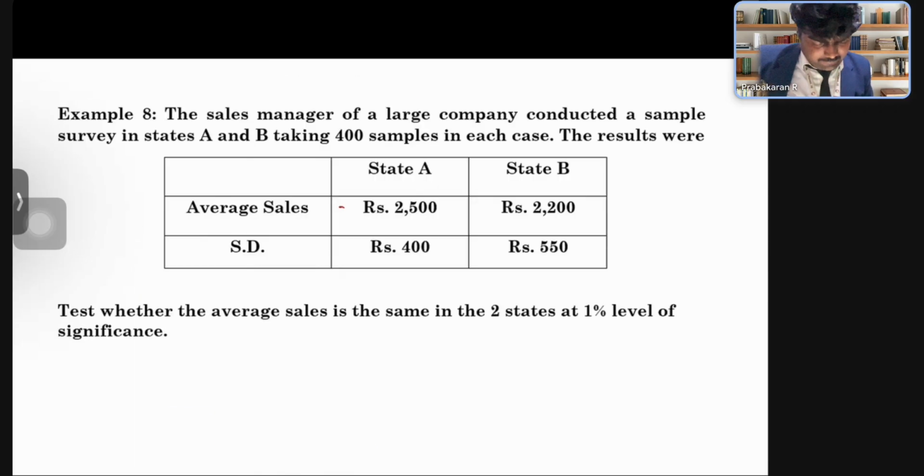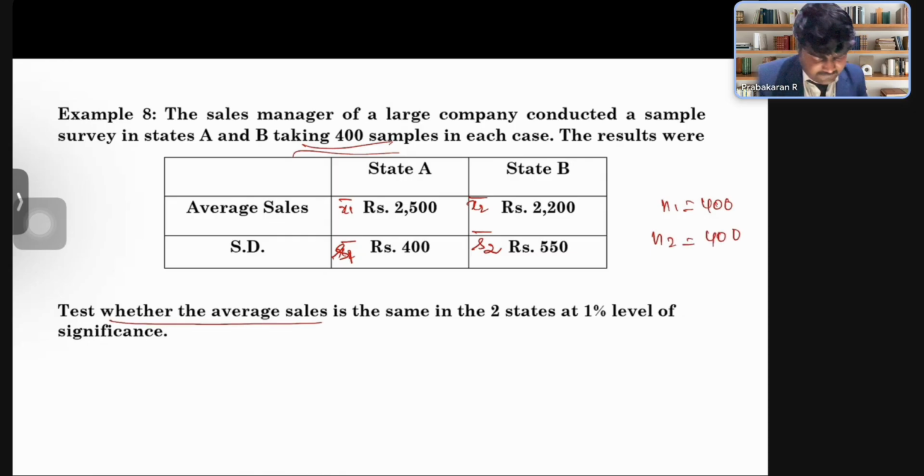This is x1 bar, x2 bar, this is s1, s2, and the sample sizes for both samples are 400. N1 is 400, N2 is 400.